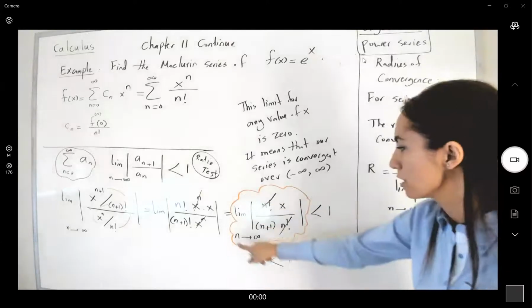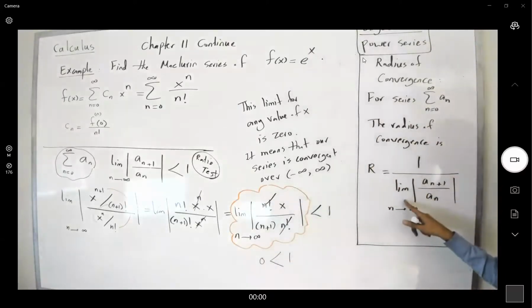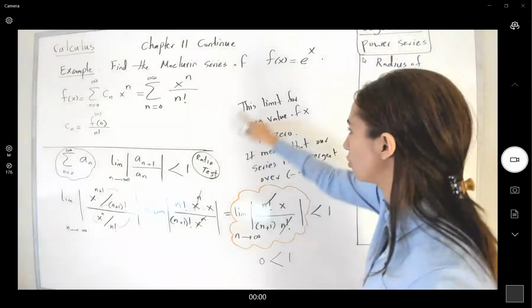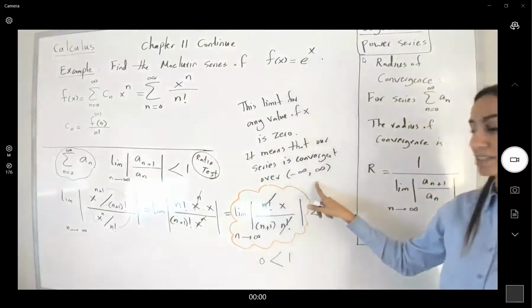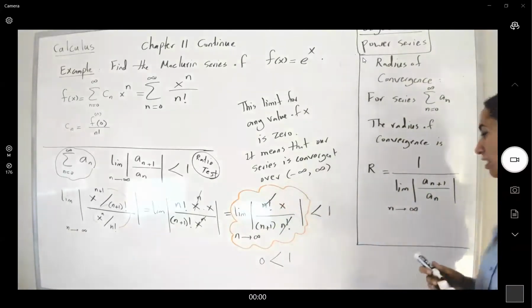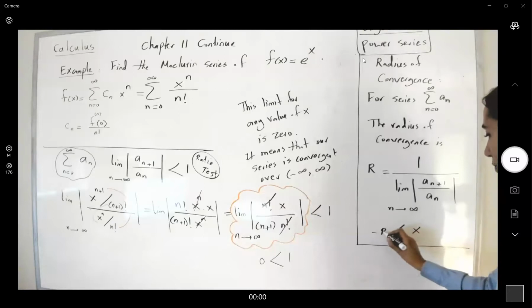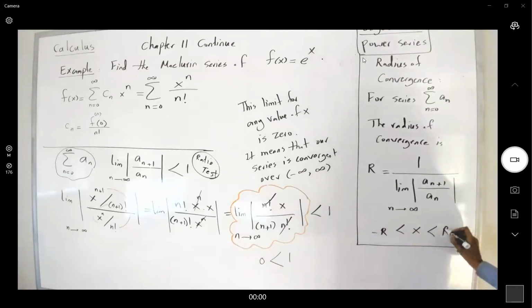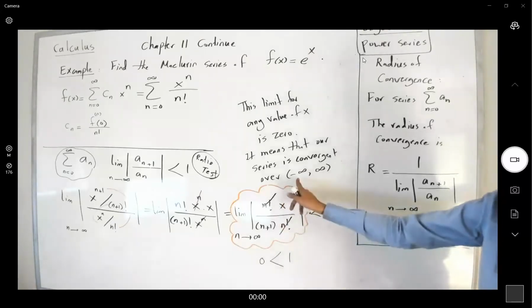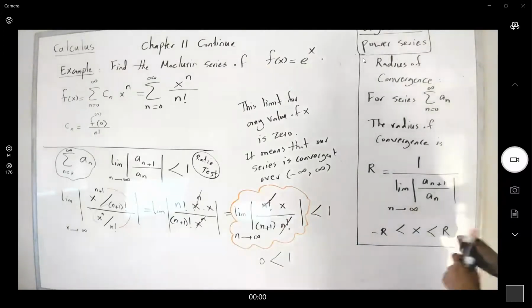As you can see, this limit is equal to 0. 1 over 0 is infinity, so that's why we say this series is convergent over negative infinity to positive infinity. In this case, x is bounded between negative r and r. Since our r is infinity, x is bounded between negative infinity and positive infinity.